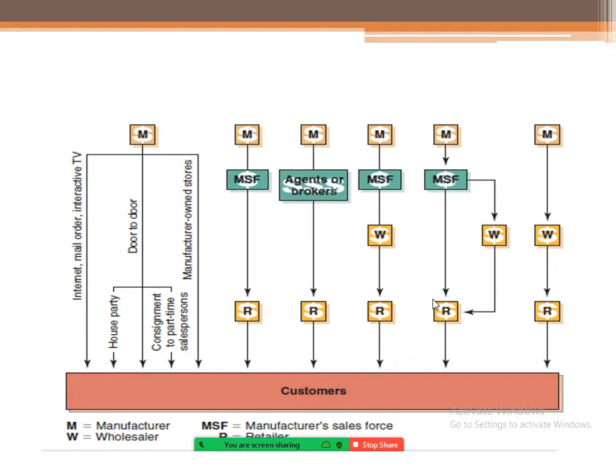In other words, you can say customer to customer marketing. So eBay's success was one reason that traditional merchants quickly recognized the internet's potential.